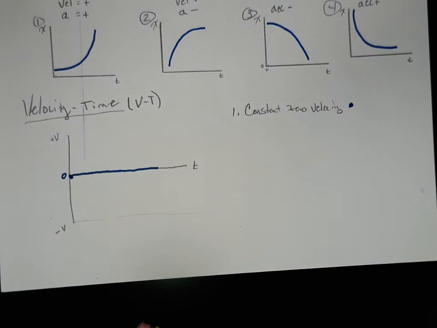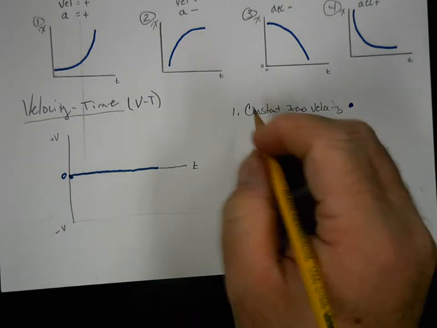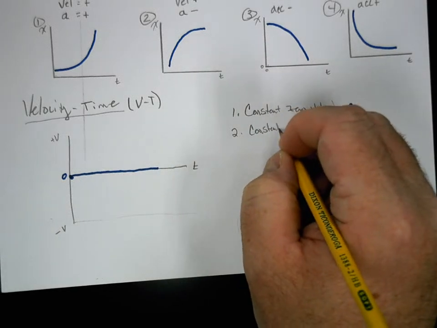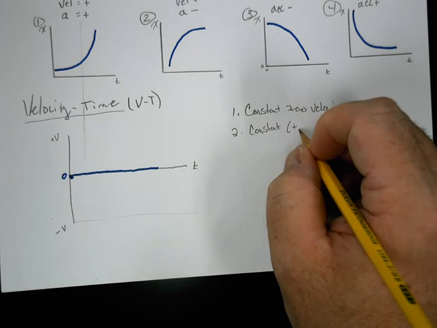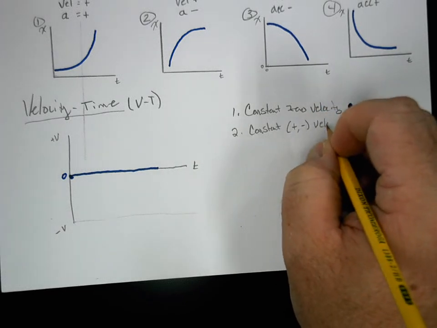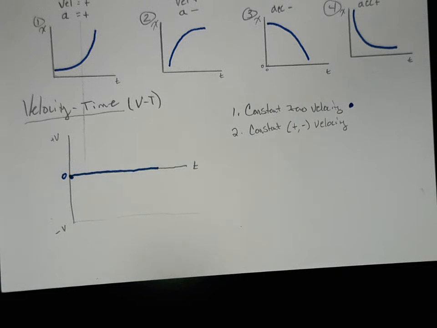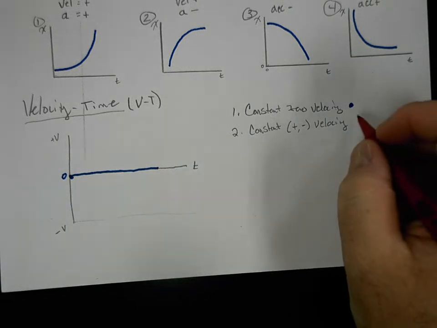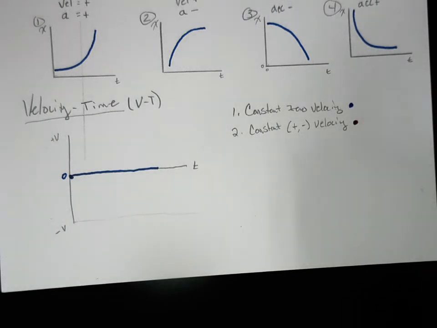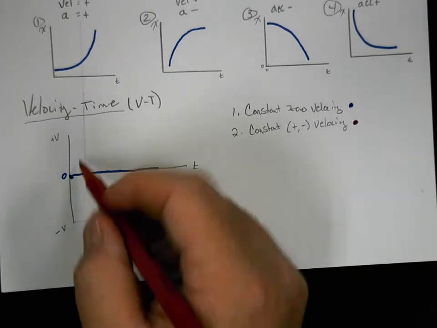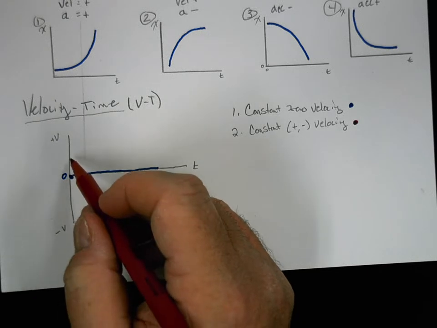Okay. Now, our step 2 was a constant positive or negative velocity. And this we colored in green and red. Well, I'm just going to stick with red for this one because I'm going to save green for the next. This is going to be red for both of them. So think about this. If we have a constant positive velocity, here's our velocity. Above 0 is positive.